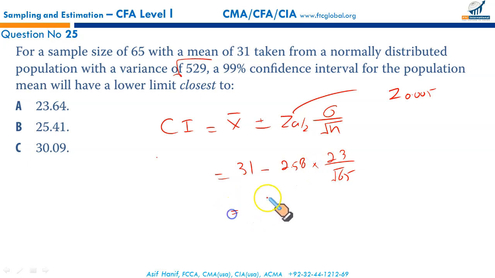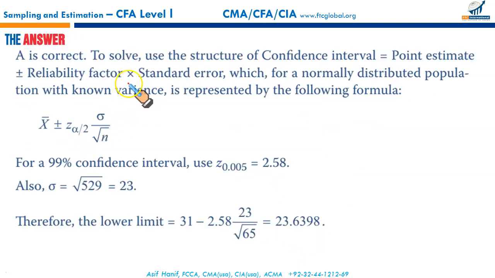If you simplify all this, it will give you 7.360 and 31. Since we need the lower one, 31 minus 7.360 is 23.64. So the lower limit of 23.64 matches A.